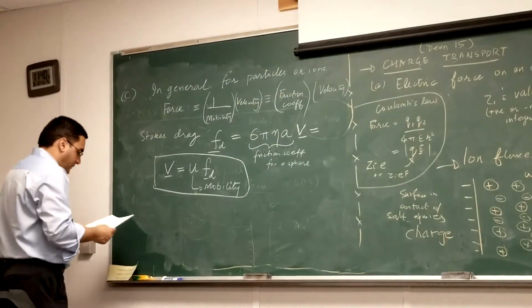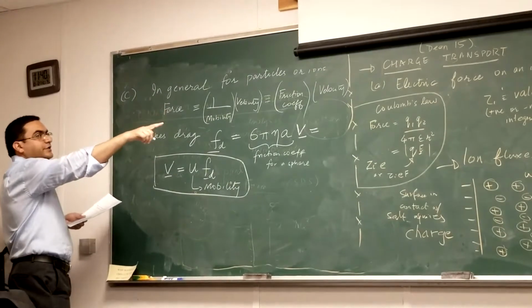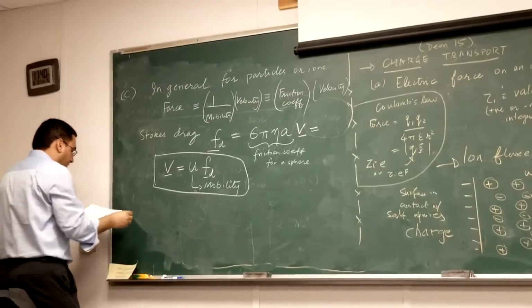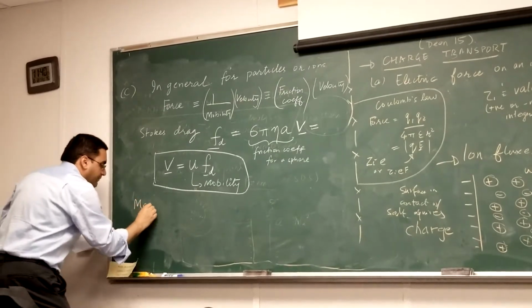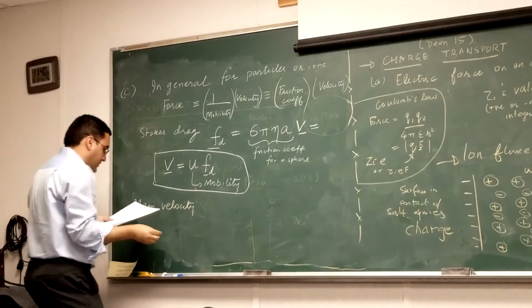So we already know the force on an ion per mole, and because we already know the force, the mean velocity, so this is mean velocity.